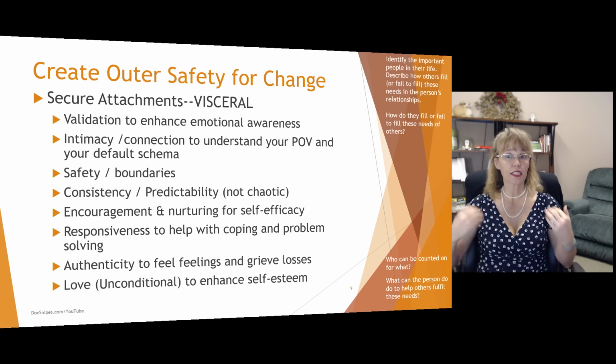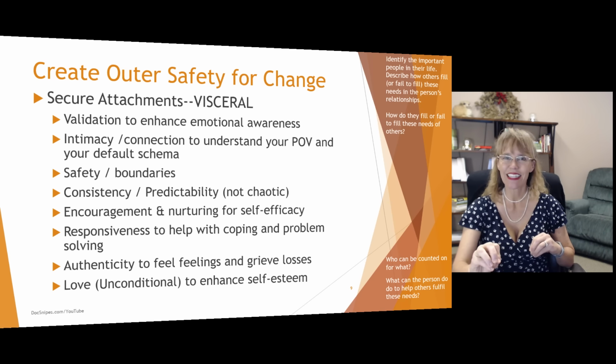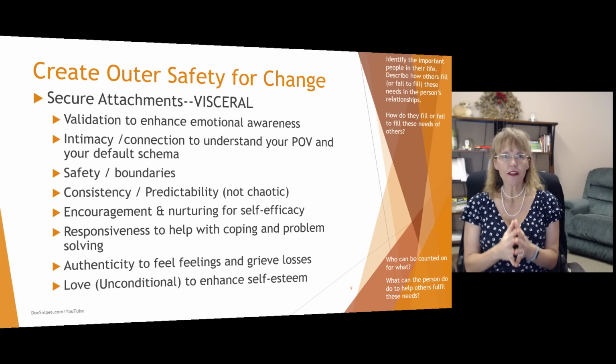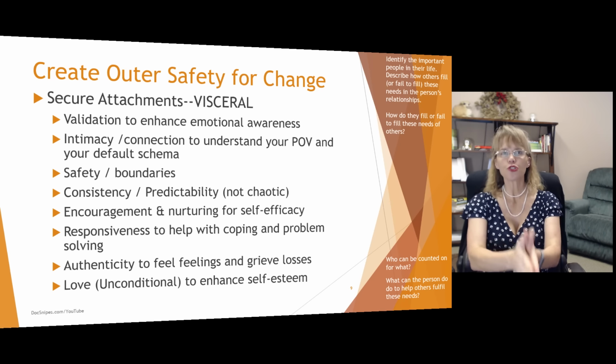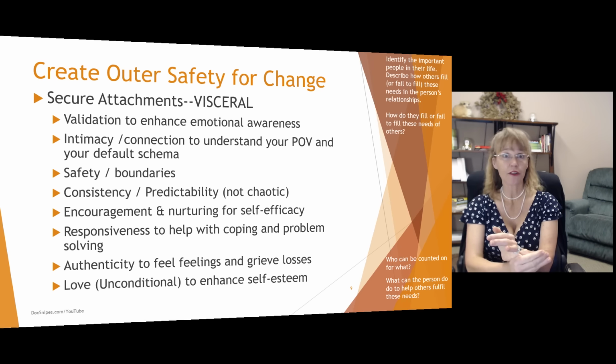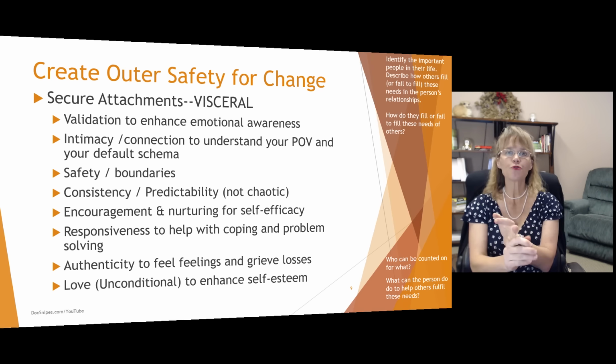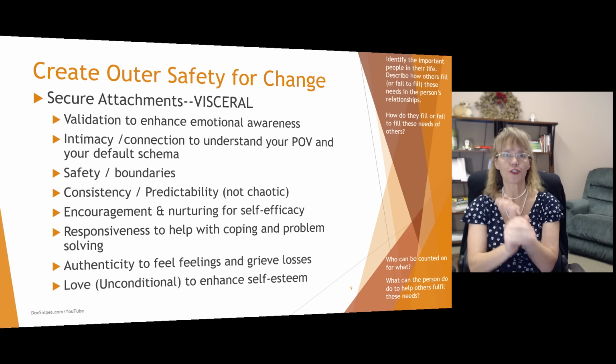And what can the client do to help others fulfill these needs? And that is sort of a paradigm shift. But a lot of times, other people either don't understand how to have a secure relationship, so this is new to them too, or they don't know the needs of your client.